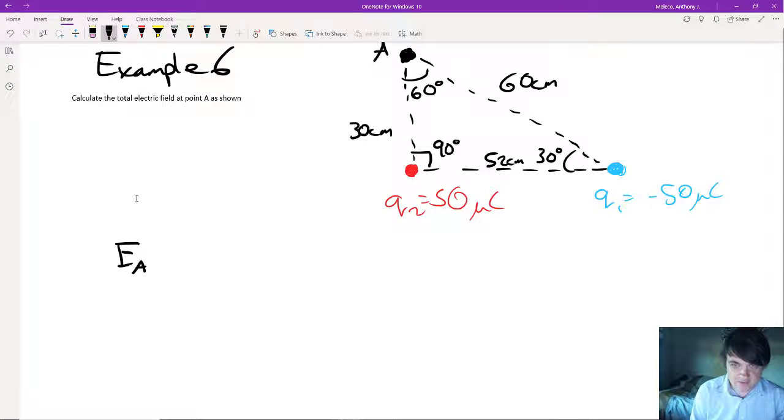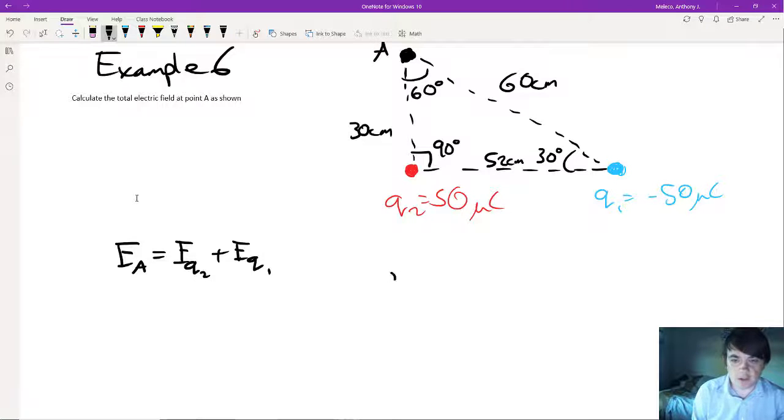E at point A, so the electric field at A will be due to the electric field due to charge 2, which will push upward, and Q1, so charge 1 and charge 2, and charge 2 would do it like this. So EA is equal to E due to Q2 plus E due to Q1.